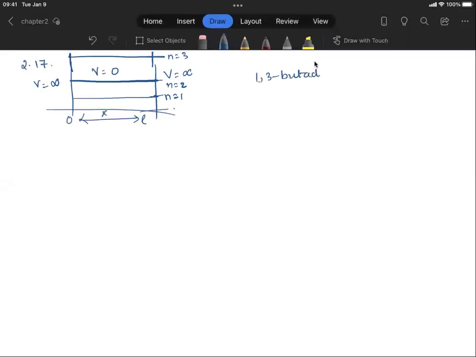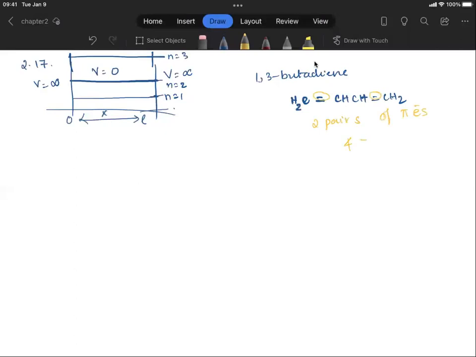Now, if you're looking at 1,3-butadiene, CH2 double bond CH, CH double bond CH2. So we have 1 and 2, so we have 2 pairs of pi electrons.